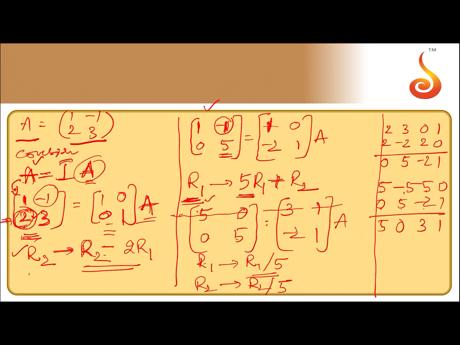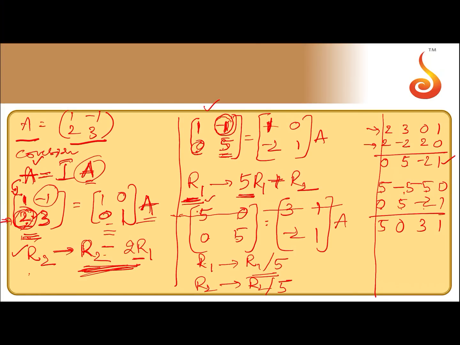As 2 is here, I would multiply the first row by 2 and then subtract the elements from the second row. R2 minus 2 times R1. So this is about R2 elements and these are the 2 times R1 elements. Subtracting these elements, R2 values will be changed like this: 0, 5, minus 2 and 1.